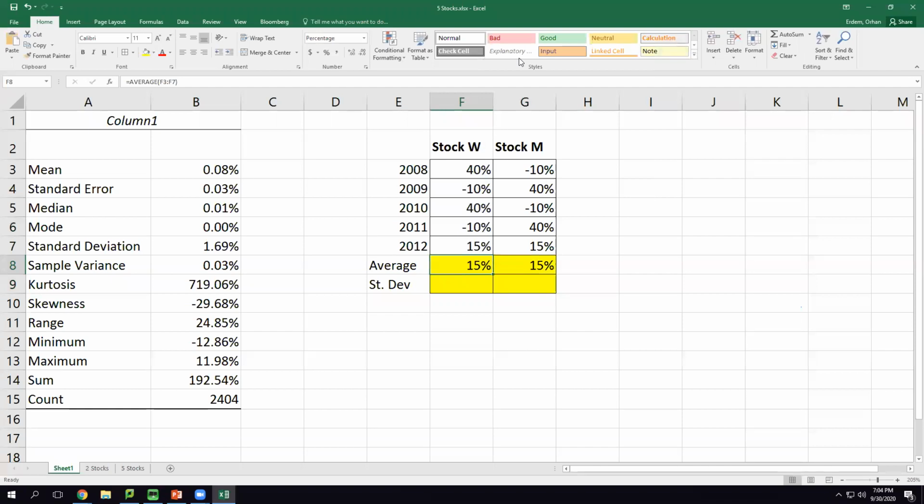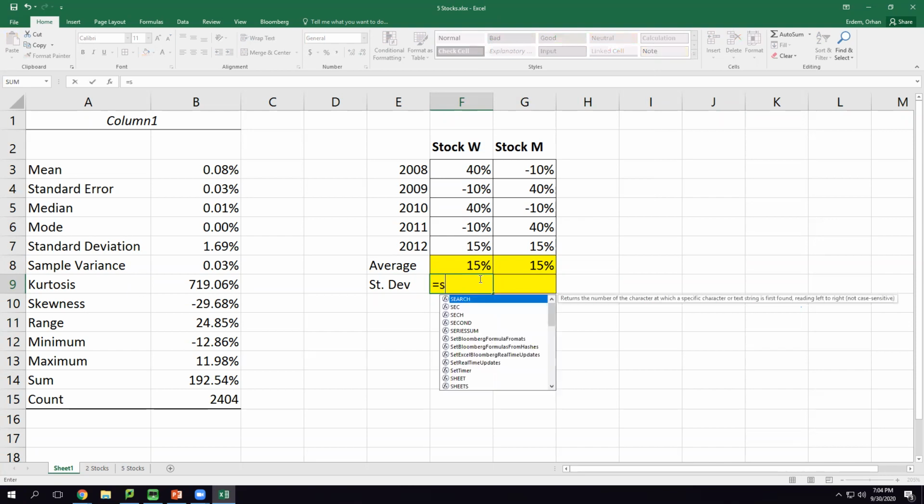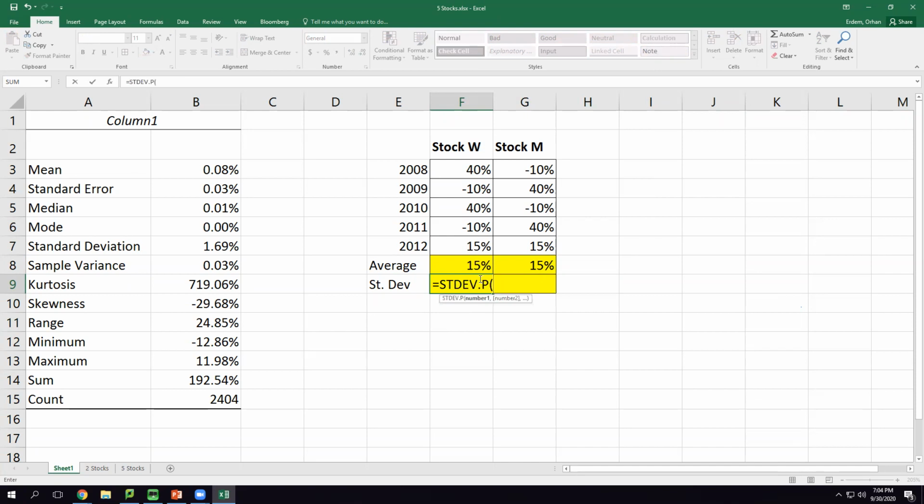Yes. Okay. So let's calculate standard deviation. I didn't show you the exact calculation, just the function. Write equal again, and then write STDEV, nothing else.